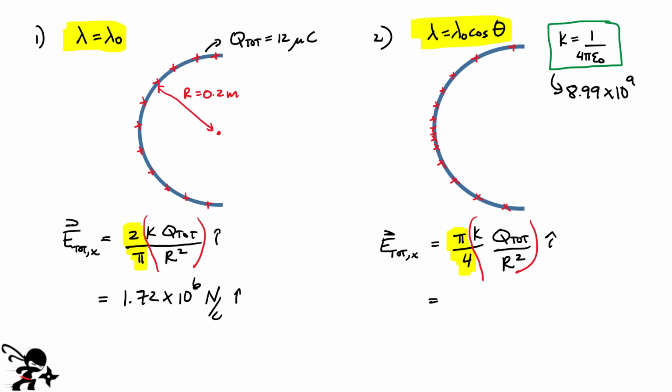Pi over 4 is a little bit bigger than 2 over pi, and that just happens because of the charge distribution. There's more charge in the front producing a bigger x component than in the uniform case. So intuitively, that makes sense. I could have probably guessed it was going to be bigger for this case. Substituting the numbers gives 2.12 times 10 to the 6 newtons per coulomb.